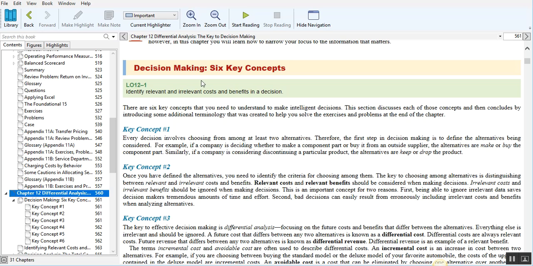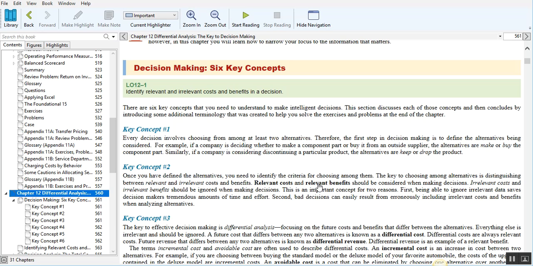When we look at decision making in this, the way we look at this in a differential analysis is to think about relevant costs and relevant benefits. So we're thinking about, okay, what is relevant and what isn't relevant? Well, basically for this chapter, a relevant cost or relevant benefit is anything that changes as a result of our decision.